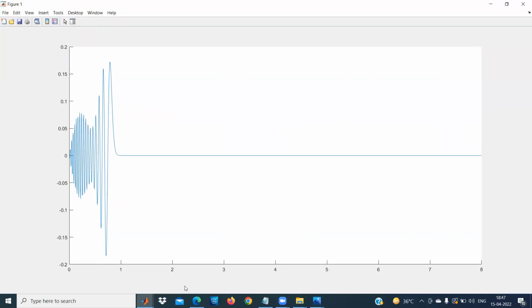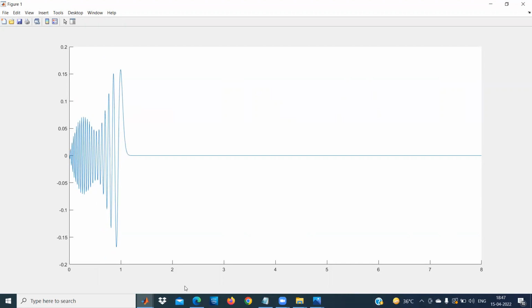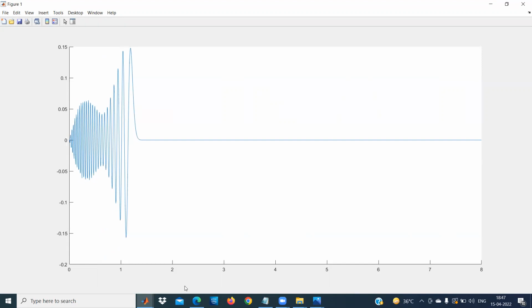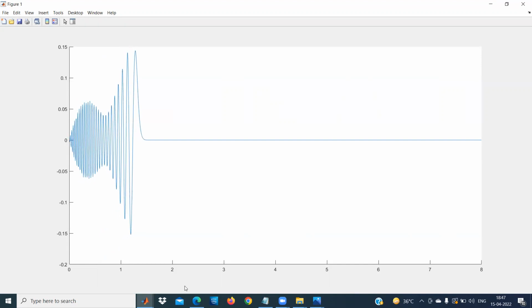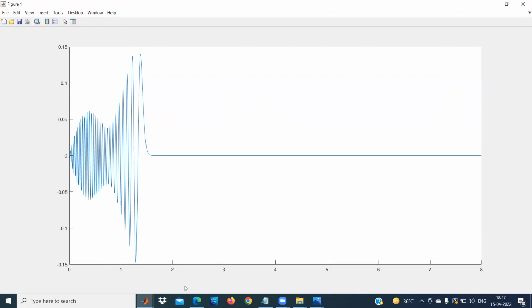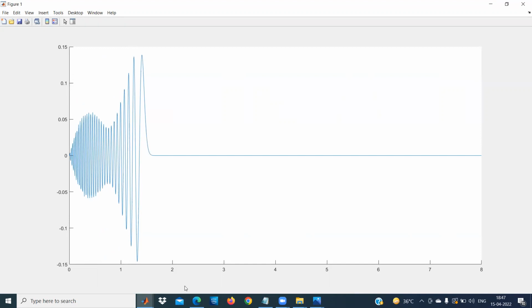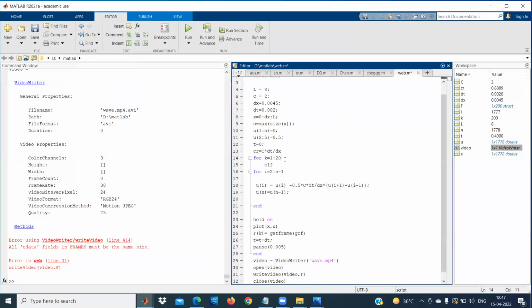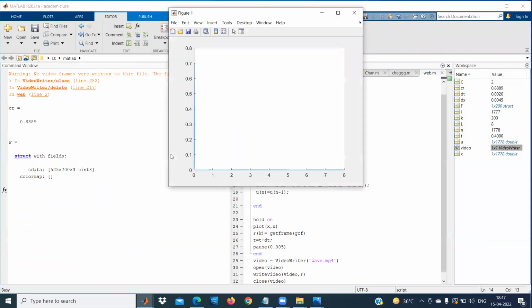this is actually called dispersion error. I will tell you what the dispersion error is. Okay, let's finish the first animation. Let me run this again.